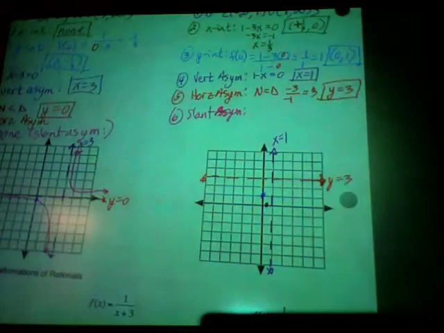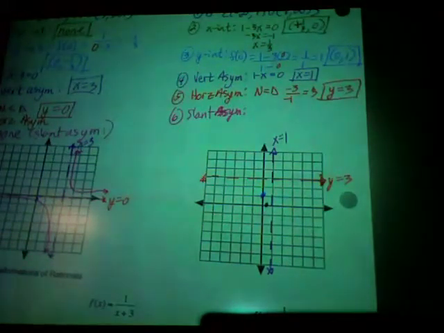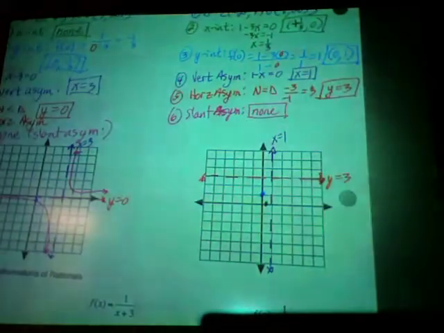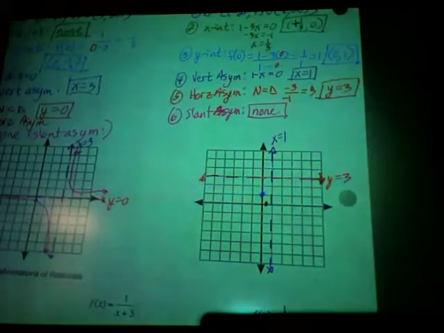If my n was equal to my d, is there a slant asymptote? To have one, what does it have to have? 1 degree higher than the denominator, and so that doesn't happen here, so there is none for this one. And you actually have to write none, otherwise I don't know that you know it's none.